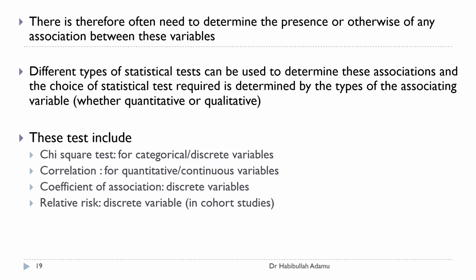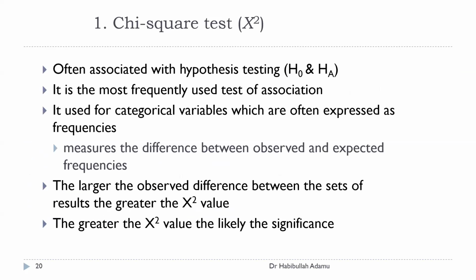That analysis you are going to carry out to know whether this factor you are suspecting is a risk factor or not is relative risk. It includes estimating the relative risk. We are going to see the interpretation. Odds ratio, the same thing, you can use it. This one is in case control studies that we use odds ratio.